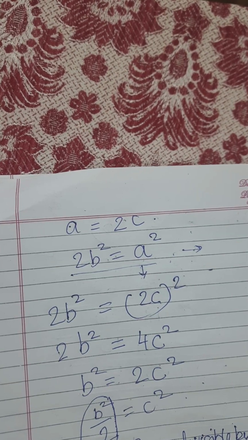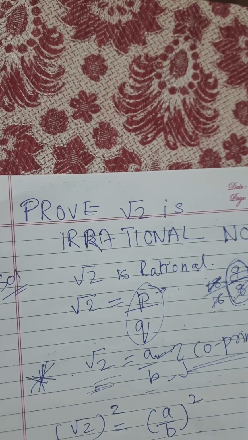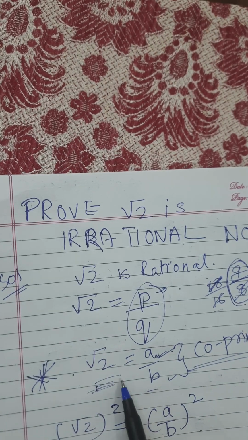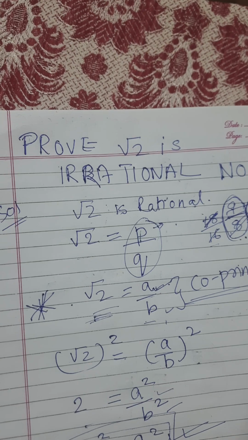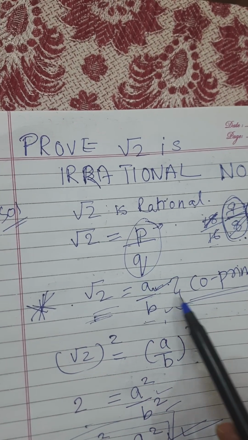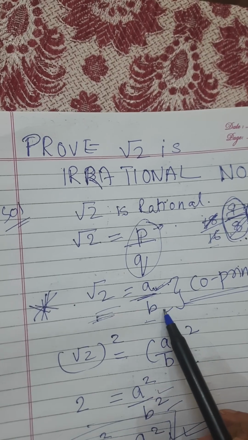Let's revise it from the beginning. We started here, we said root 2 is equal to a by b, where a and b are co-prime. It was something like p by q, and then after you divide, you bring it to the prime factors, it's left with a and b.